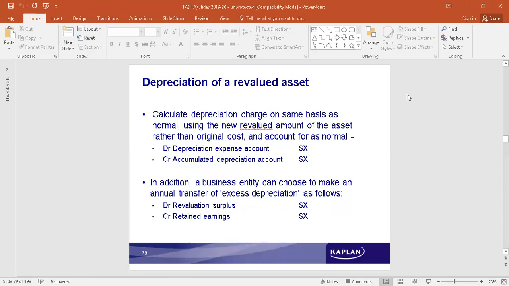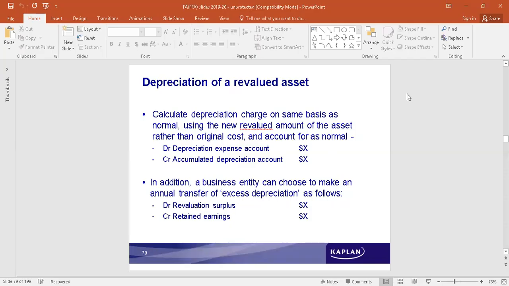Now the asset is not the old asset, it is a revalued asset. How is depreciation calculated? Take the base as the new value. Earlier, if the value of the asset was 50,000 and on revaluation it stands at 60,000, take the base as 60,000; the rest would be the same.